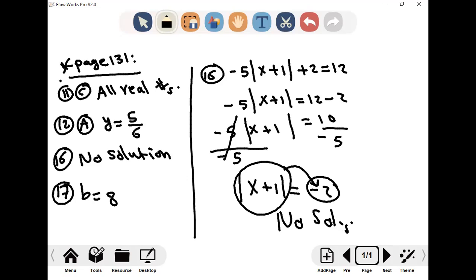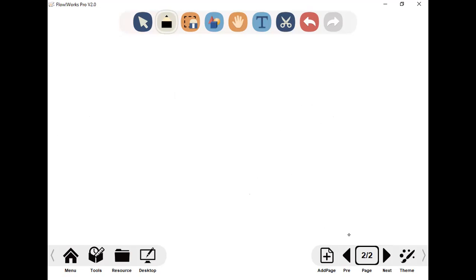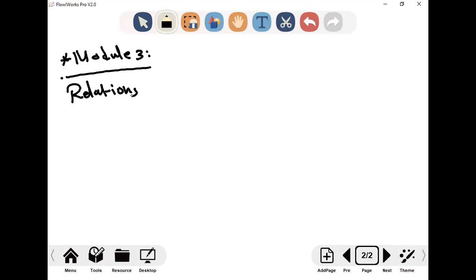Let's go to module 3. Module 3, relations and functions. So we are in module 3: relations and functions.